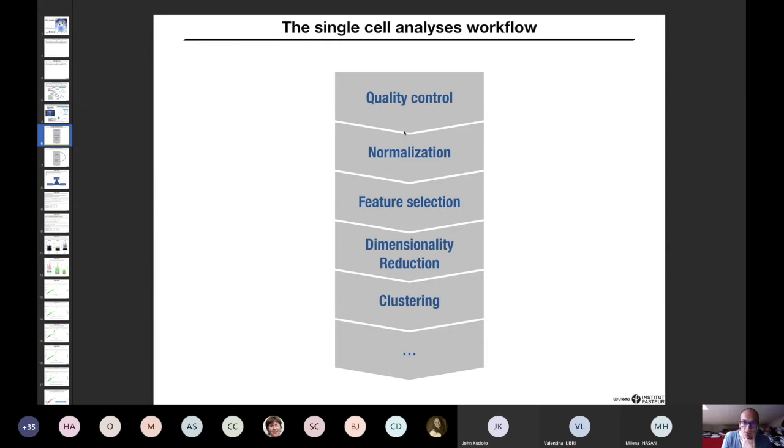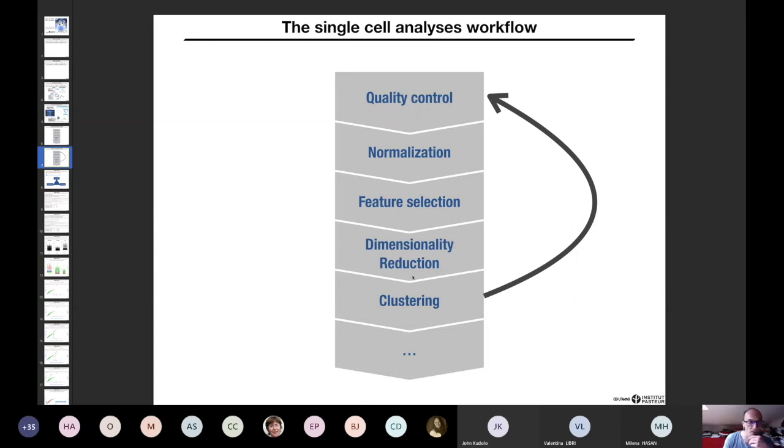First, the quality control, and then the normalization step. After that, we have the feature selection, the dimensionality reduction, and in the end, the clustering. Very often, at the end of this, we will have to go back to the first step and redo all the steps. We'll see in which case we should do that.